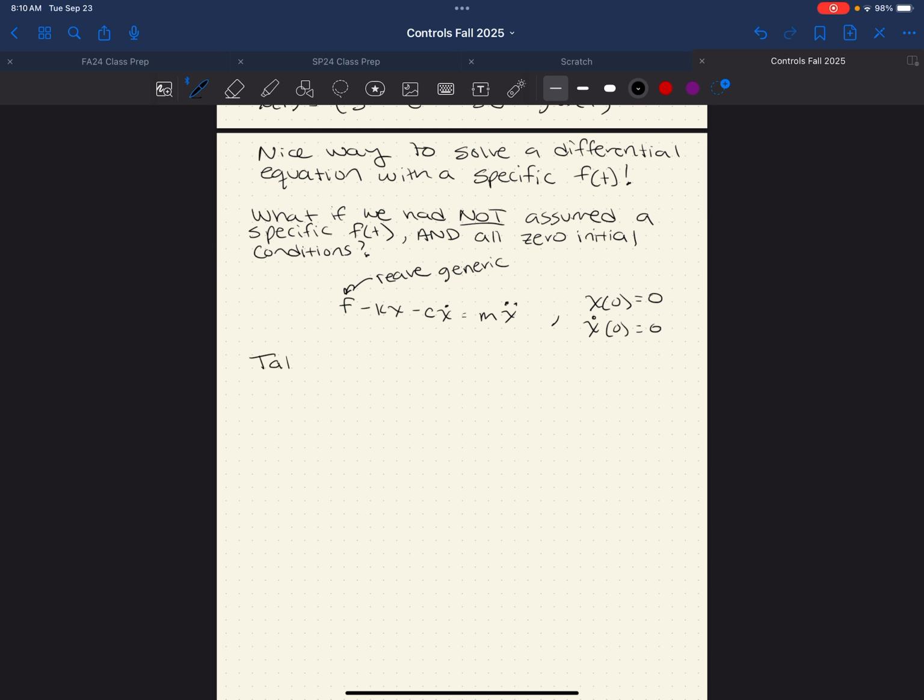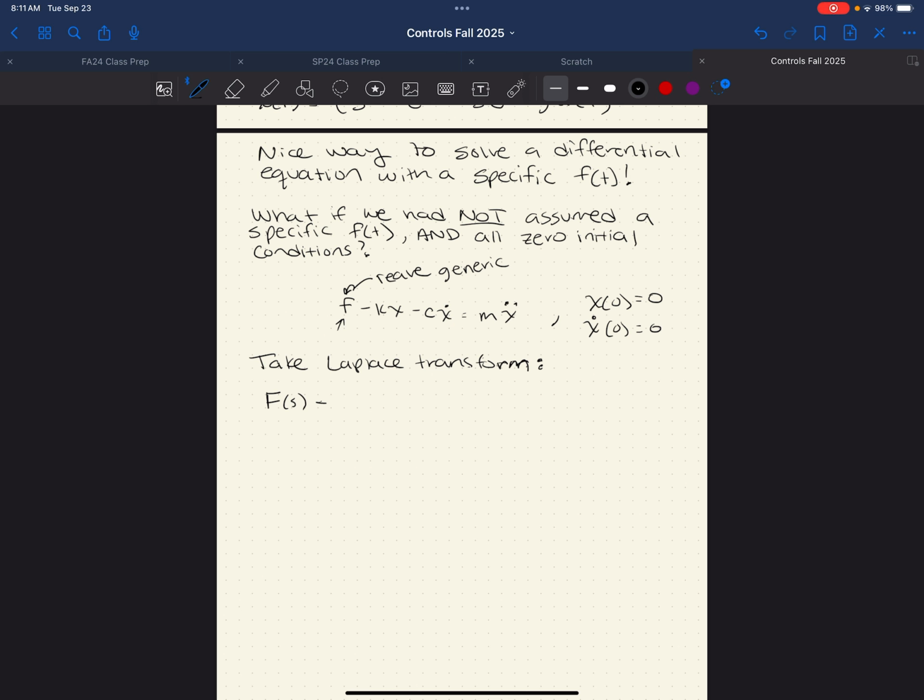we could still take the Laplace transform, but instead of a specific value of s, we would end up with just some big F of s representing that whatever f is as a function of time, this big F of s is just the Laplace transform of that function. I don't know what that function is, but we'll just call it big F of s for right now. And then I would get minus, let's actually plug in these parameters here.